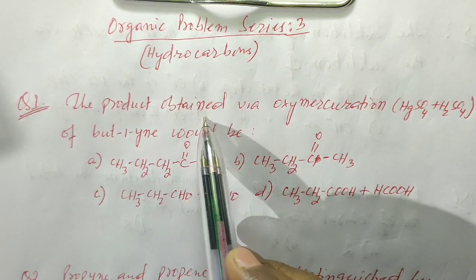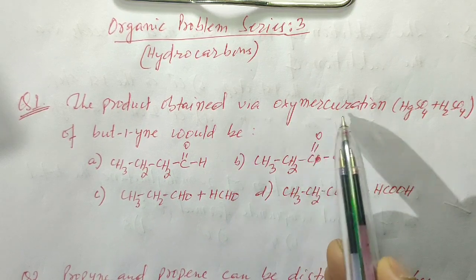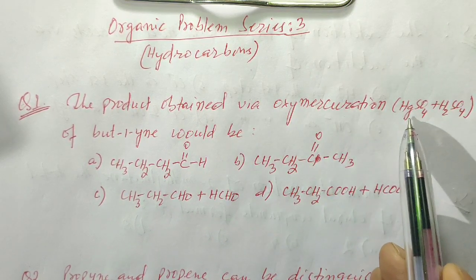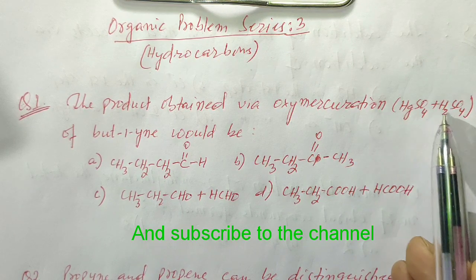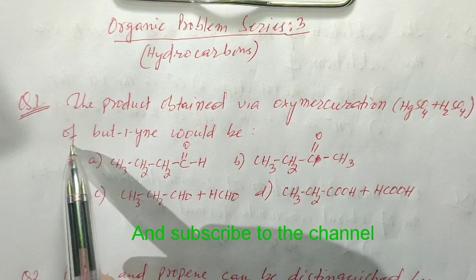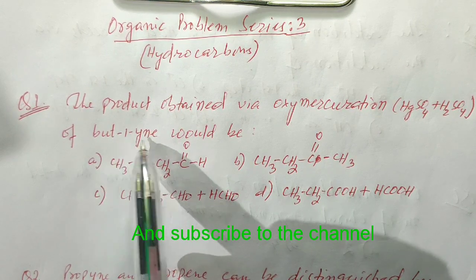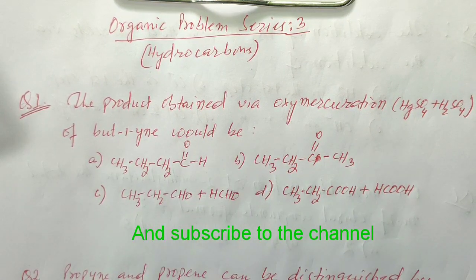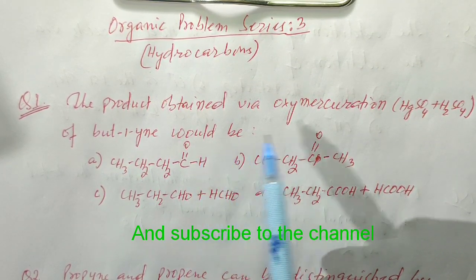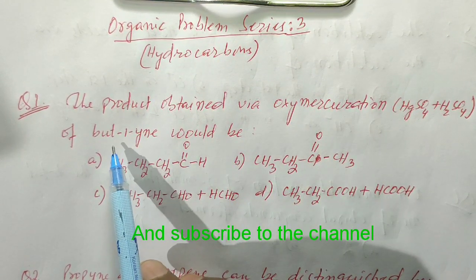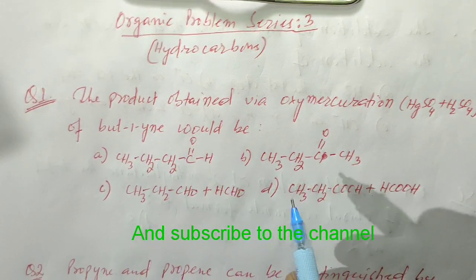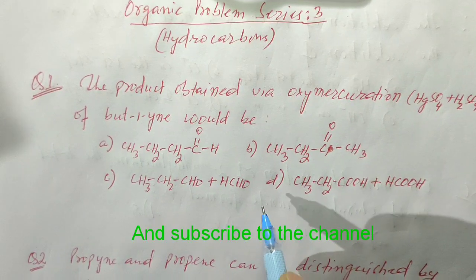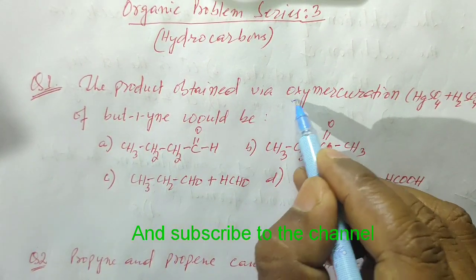The product obtained via oxymercuration, which means we need to react with HgSO4 and H2SO4, of but-1-yne would be... This means when we perform oxymercuration with but-1-yne, what will be the major product? This is the question. Okay, let us understand what is oxymercuration, demercuration.